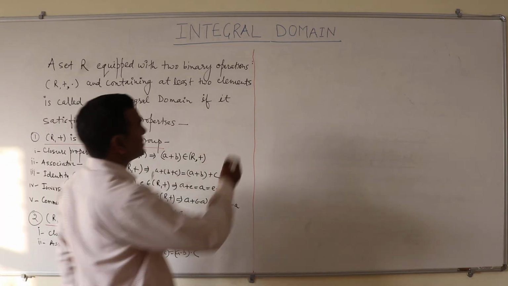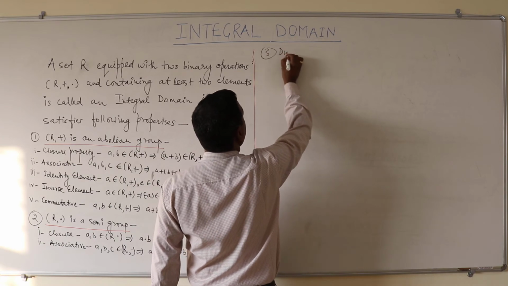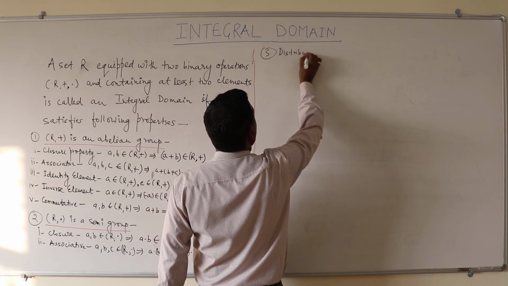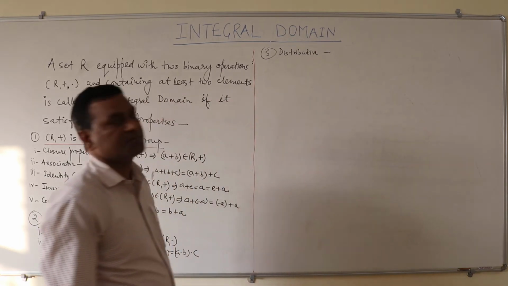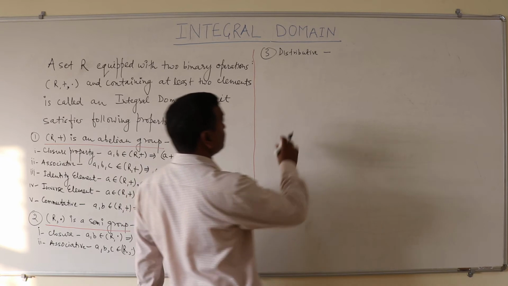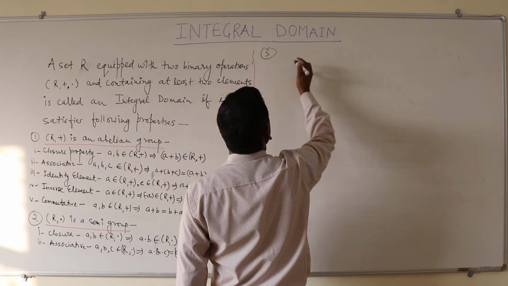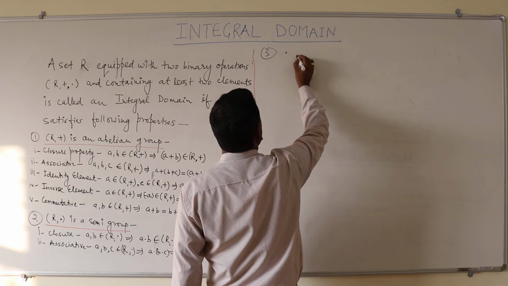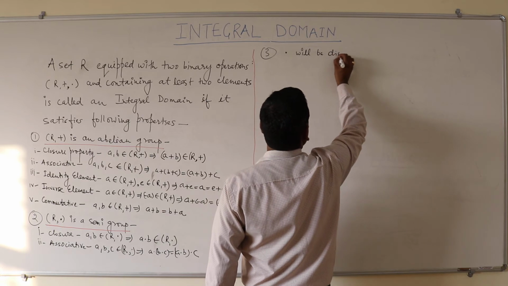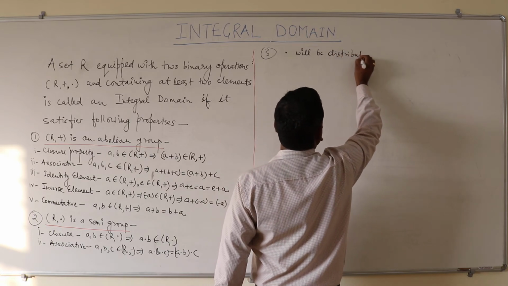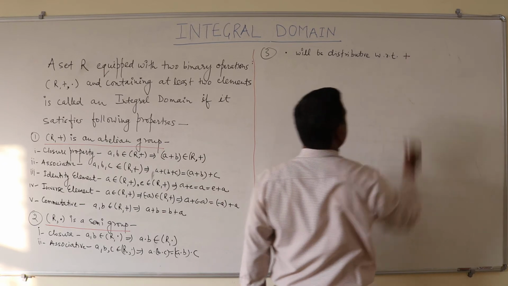Third property is it will have the distributive law. This is the third property, the distributive property. And this property means that dot will be distributive with respect to plus.